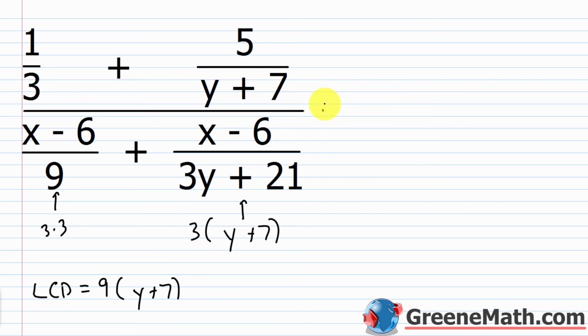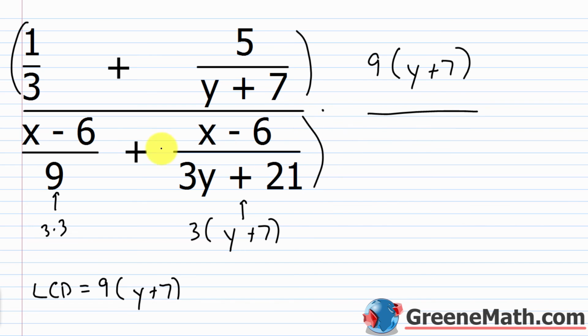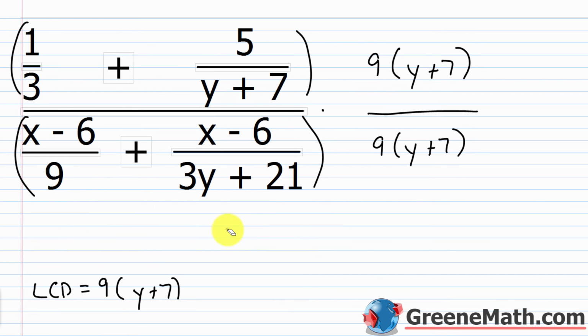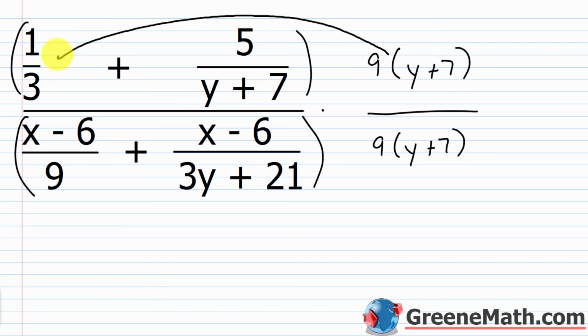So once I have my LCD, it's very, very simple. Just, again, multiply the numerator of the complex fraction by 9 times the quantity y plus 7, and do the same thing to the denominator. So we're multiplying by 9 times the quantity y plus 7. All right, so let's erase this and we can get started. So multiply this by this.